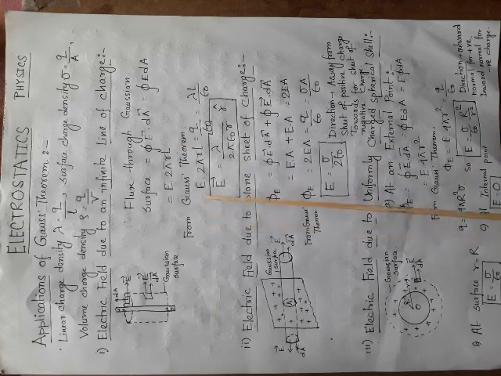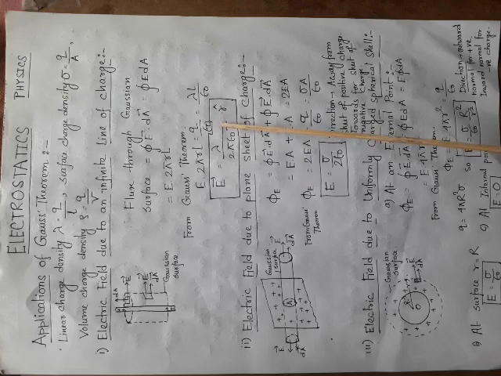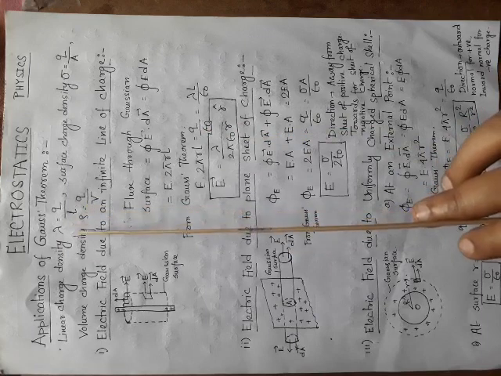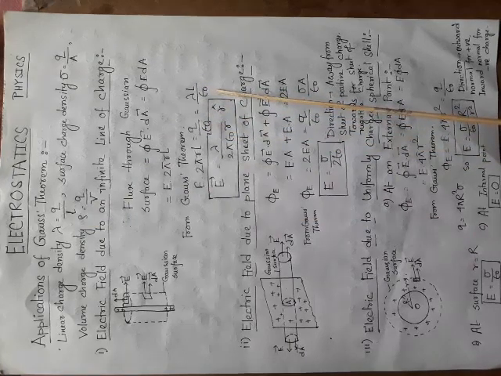Now, from Gauss theorem, we can write that the total flux, E into 2 pi RL in this particular case, is equal to Q by epsilon naught. Q also can be written as lambda into L, as we have discussed previously. So, E into 2 pi RL is equal to lambda L divided by epsilon naught.